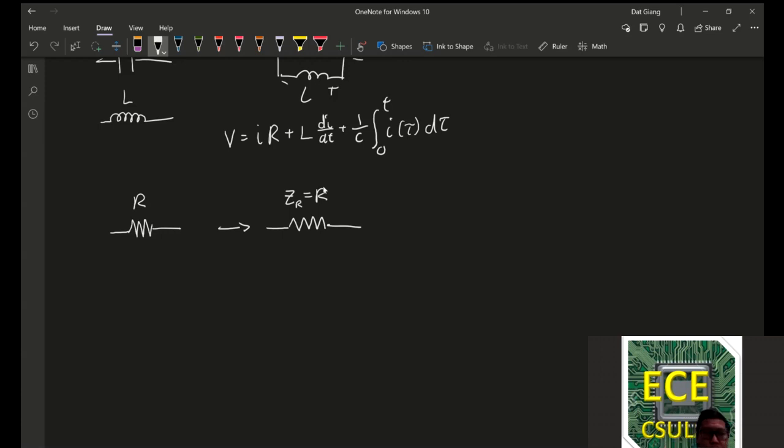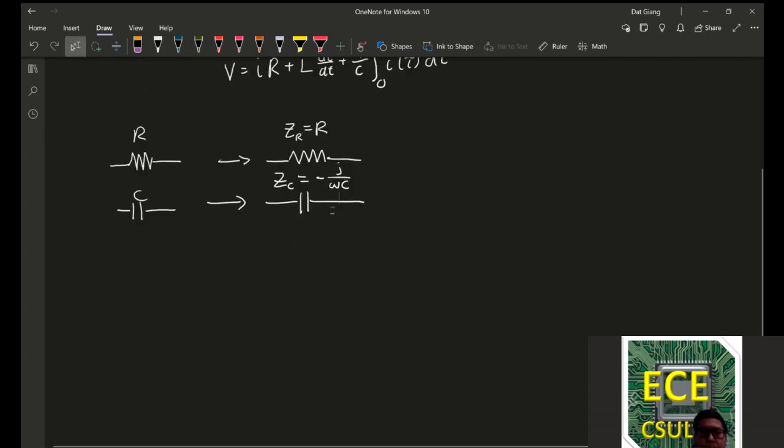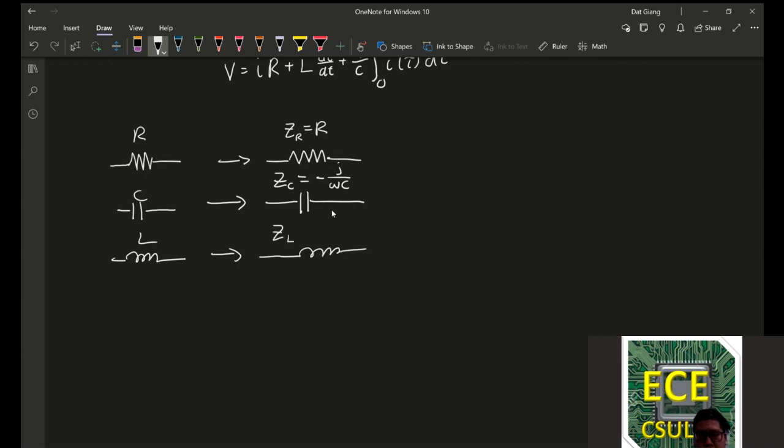So capacitors, on the other hand, convert into negative j divided by omega C. Now, for inductors, L, Z_L is equal to j omega L.